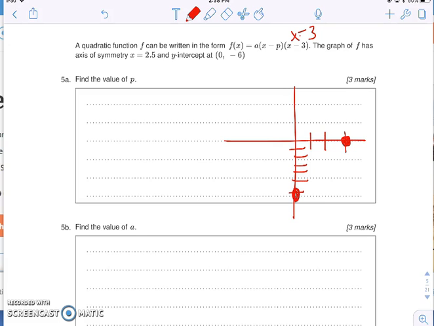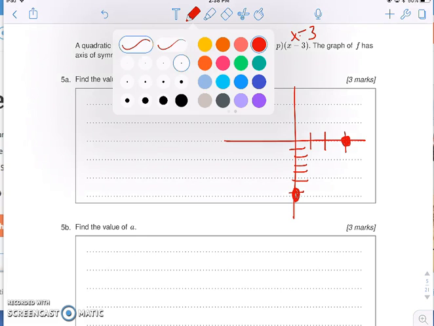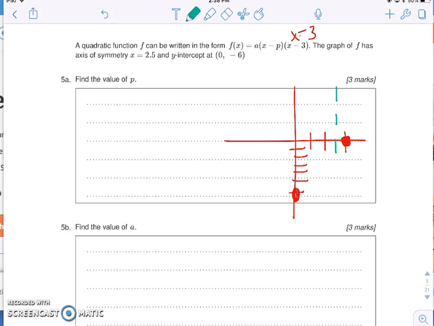And where else? Well, axis of symmetry at 2.5, so it has to fold in half along there. If it crosses at 3 and that's half away from our axis, it must cross right here as well. And that's what it's saying is find p. So p has to equal 2.